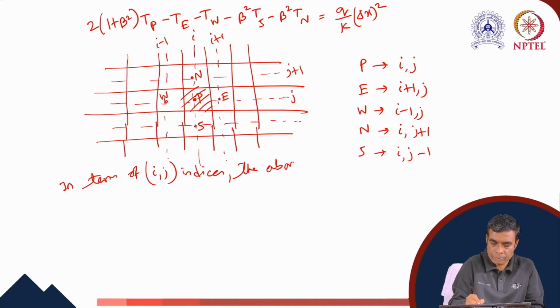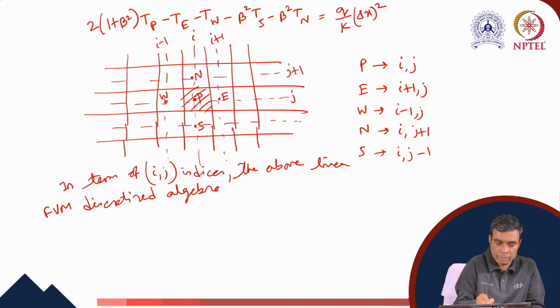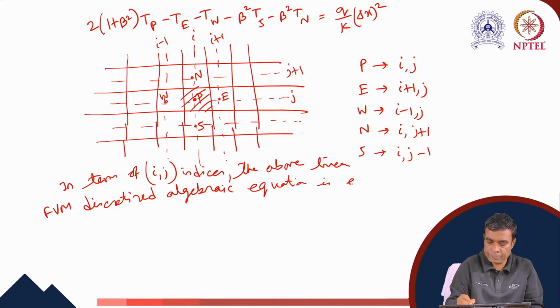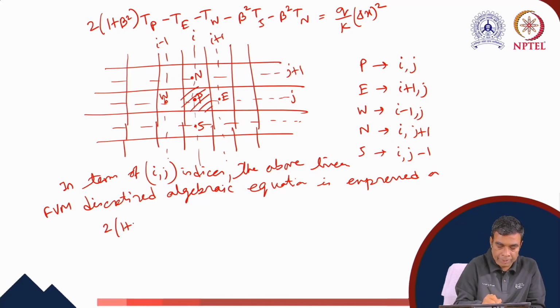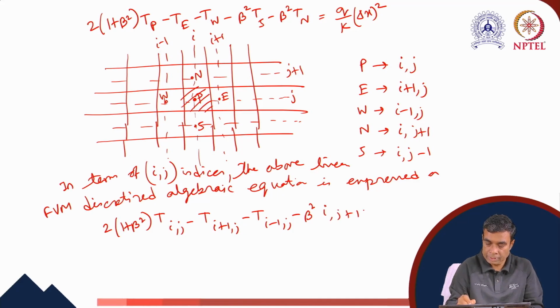The above linear FVM discretized algebraic equation is expressed as 2 into 1 plus beta square T of i comma j minus T of i plus 1 comma j minus T of i minus 1 comma j minus beta square T i comma j plus 1.